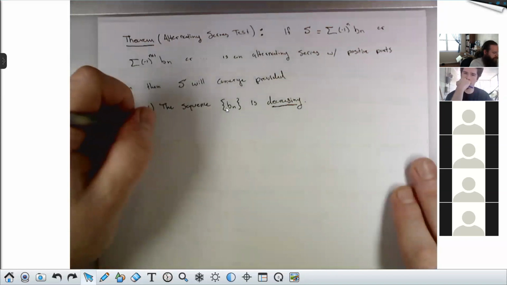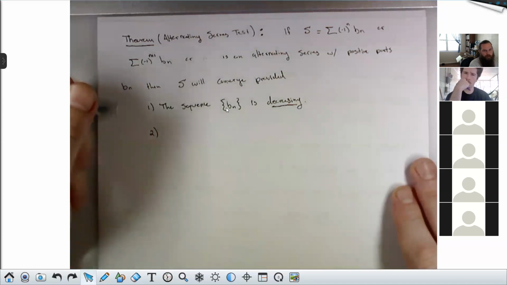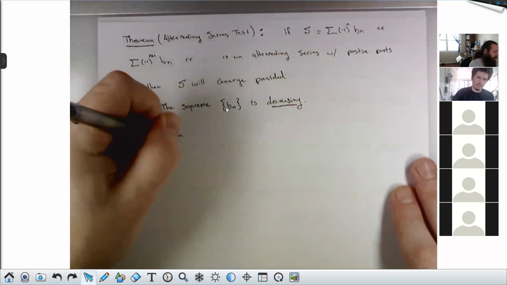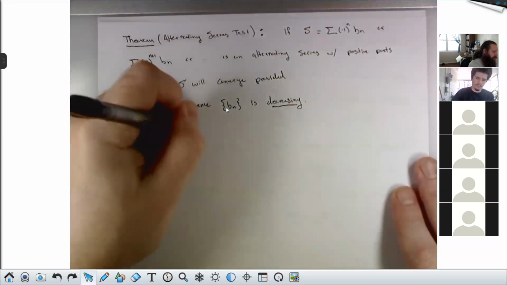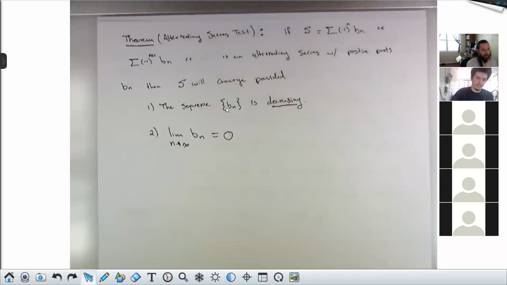The other thing that we need in conjunction with this to guarantee that the series will converge is that the Bn's themselves go to 0. So that's it. That's the theorem.